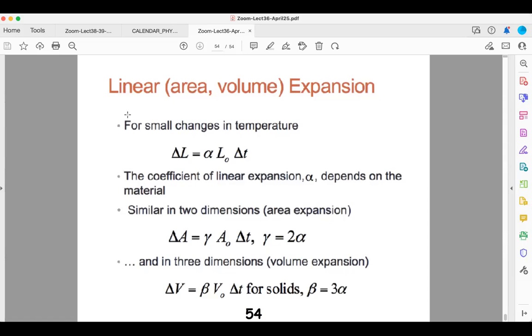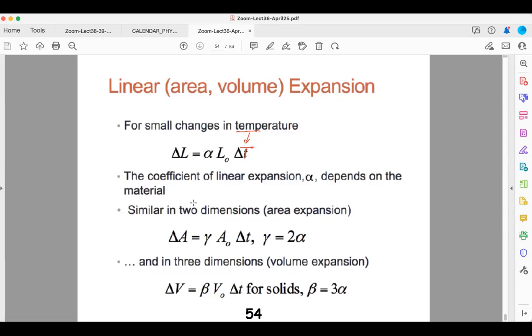How does this go with the formula? For most changes in temperature, delta L is equal to alpha L naught delta T, where alpha is the coefficient of linear expansion. Delta T, yes, this T is capital T because it's a temperature, though it's indicated small. Alpha depends on the material.